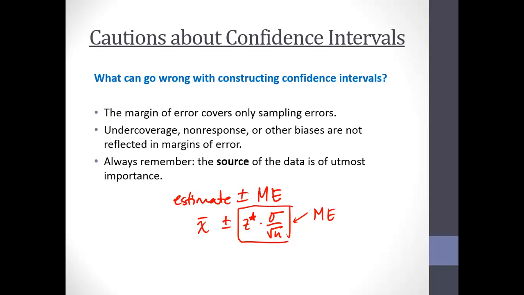So if we have undercoverage of a certain group or non-response or other bias, that's not going to be covered by this procedure. So it's always important to minimize those things and keep in mind, where did this data come from, and is it data that I want to use to make a statement about my population? Is it good enough data? If we have those errors, we might get bad results.